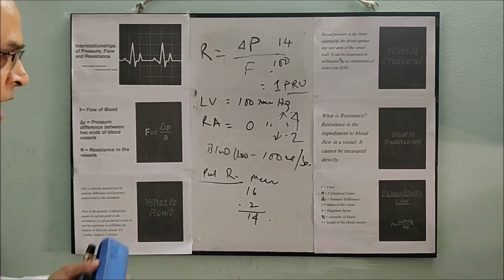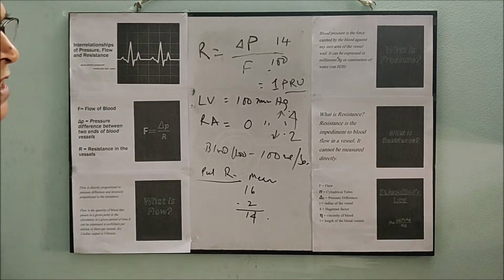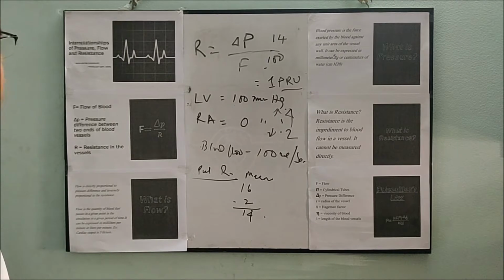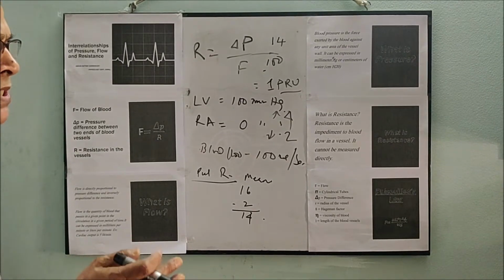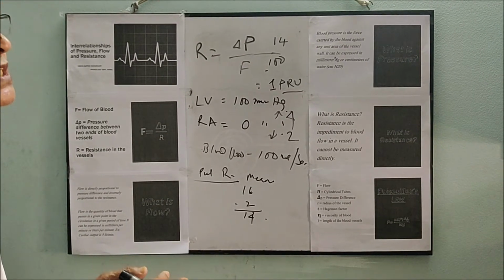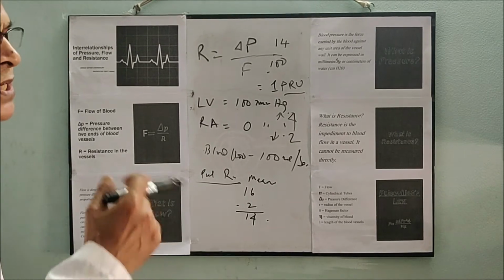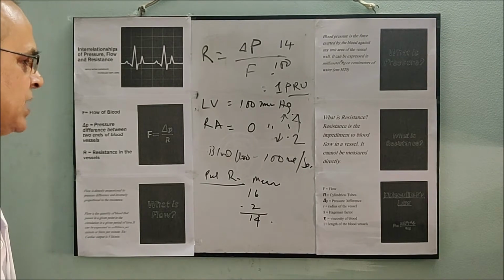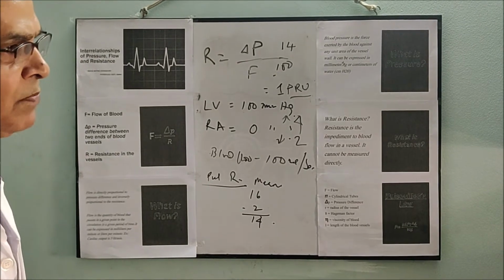Now you can find another difference between the pulmonary circulation and the systemic circulation. The systemic circulation is a high pressure resistance bed, and the pulmonary circulation is a low pressure resistance bed.